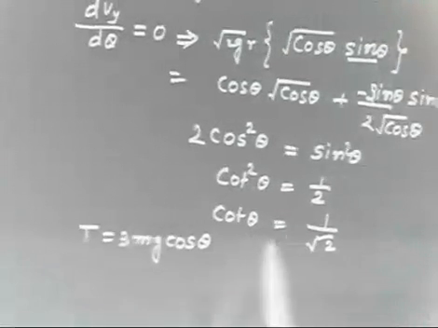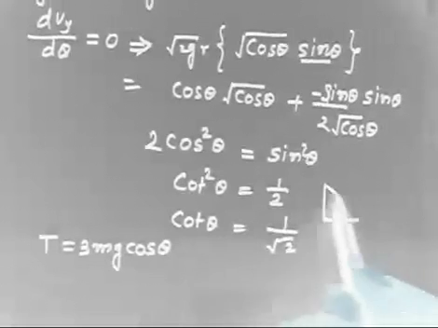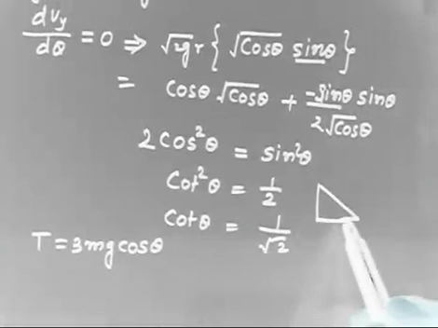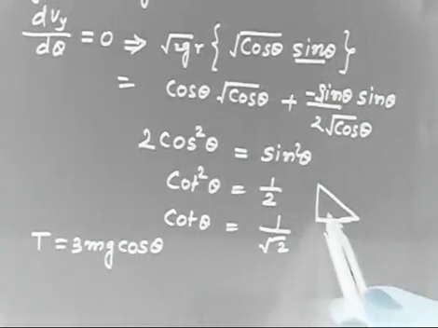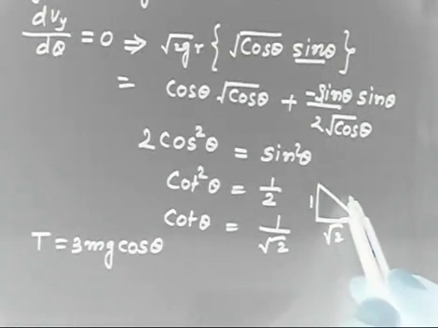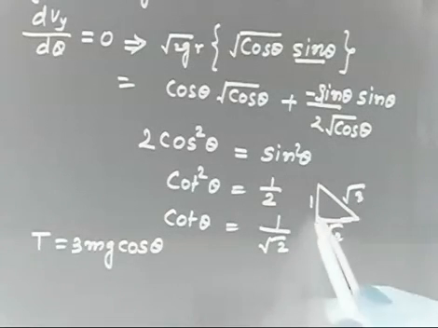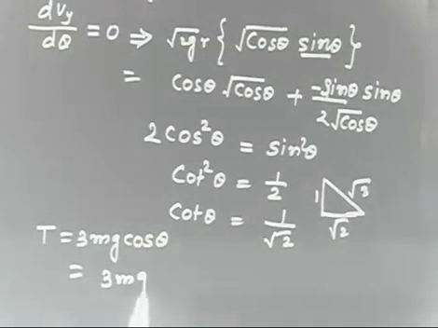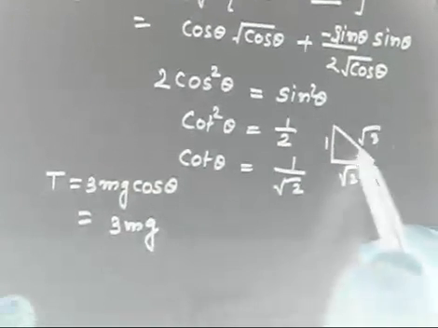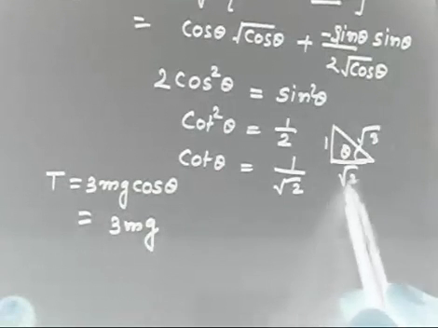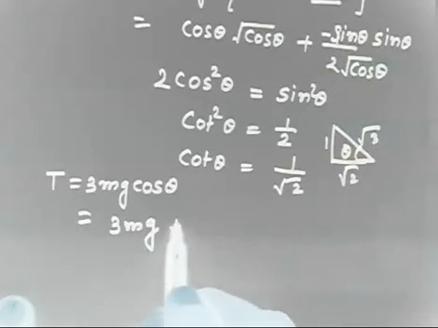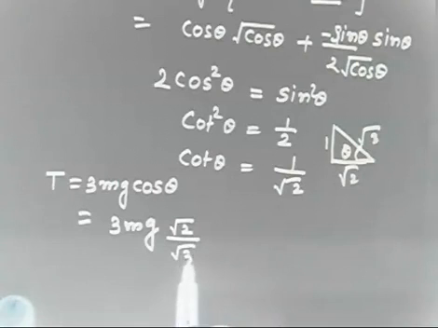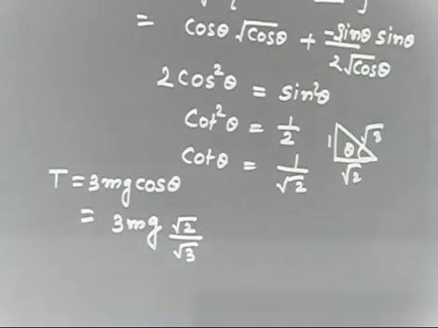And cot theta is 1 by root 2, so cos theta is root 2 by root 3. Are you getting? So this is the value of tension at this point of time.